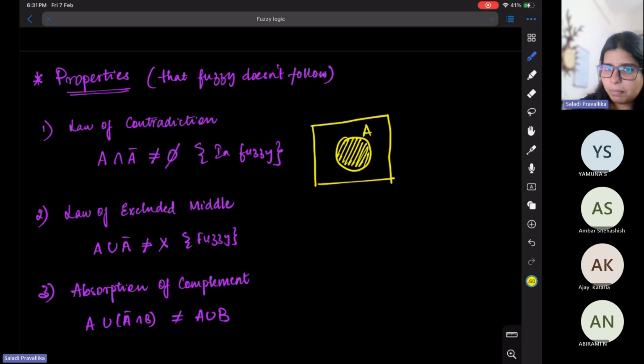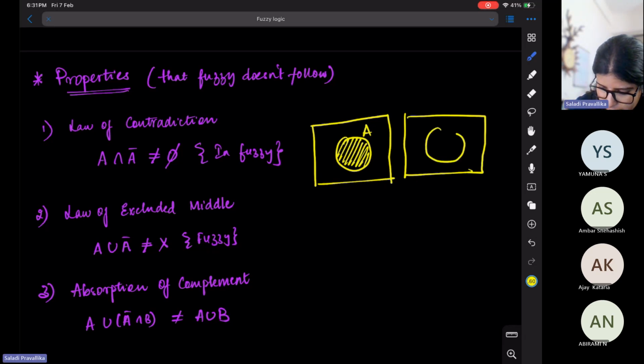Let us take the complement of A. In a universe of discourse X, if I want A complement, so this is A and this is A complement, then it is going to be every other element which is not there in A, which is this whole thing.